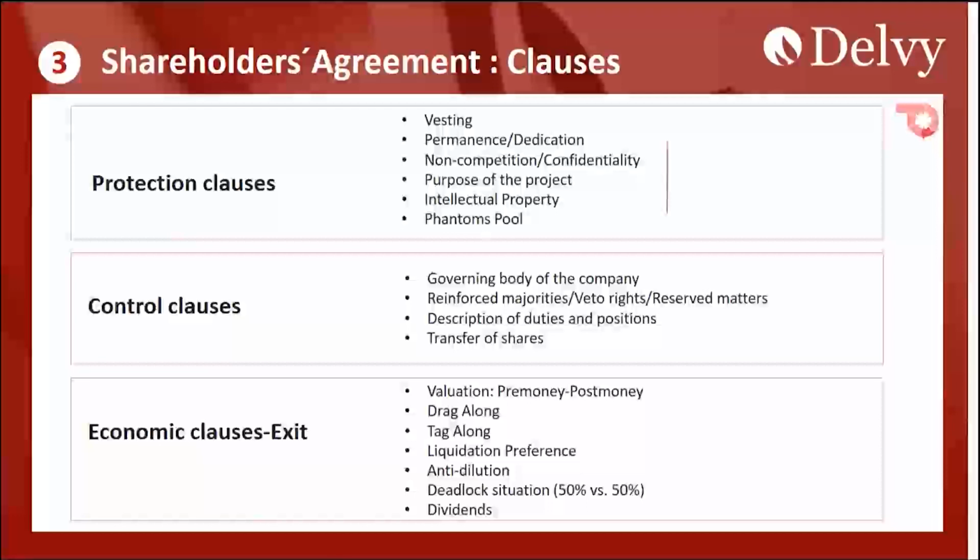And in this example, if our post-money is 5 million, therefore our pre-money valuation was 4 million. Therefore, 4 million plus 1 is 5 million post-money.